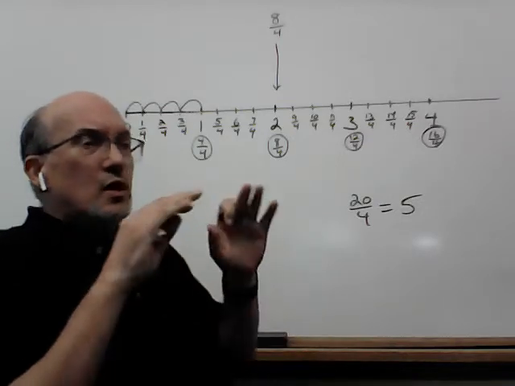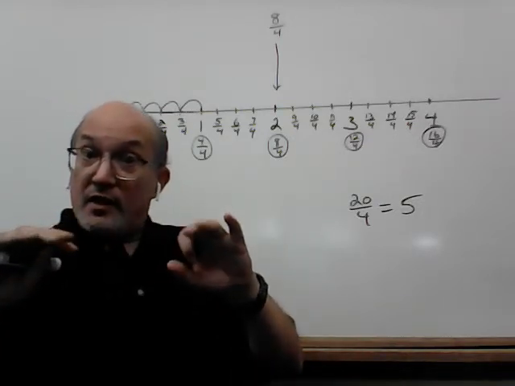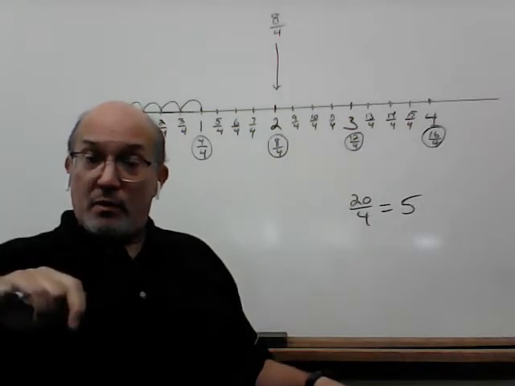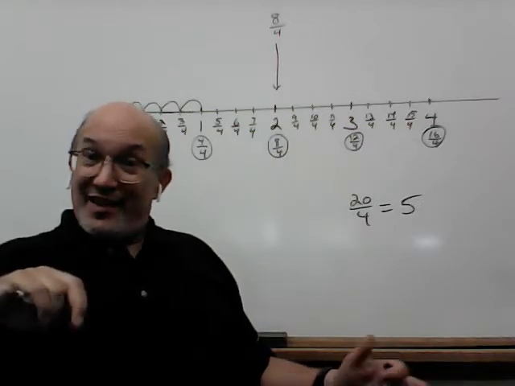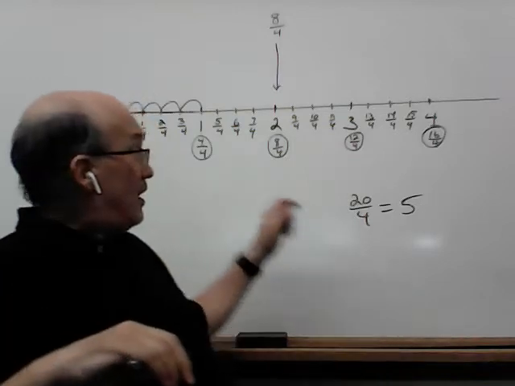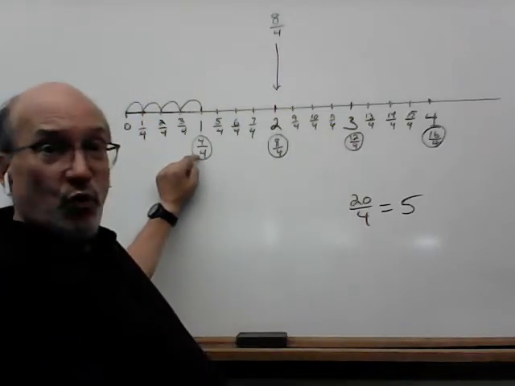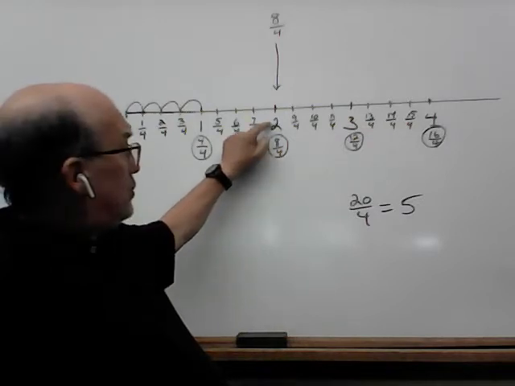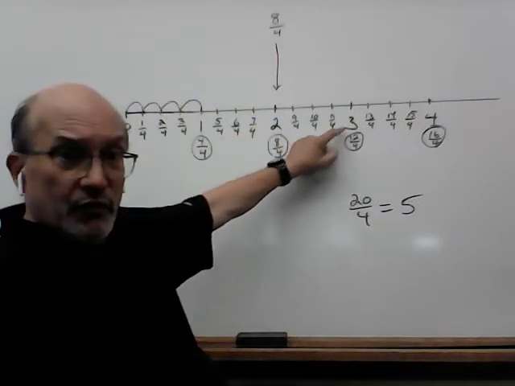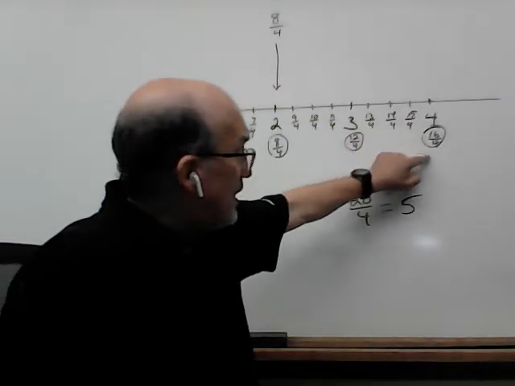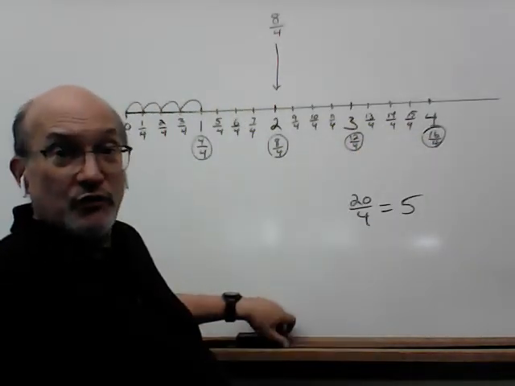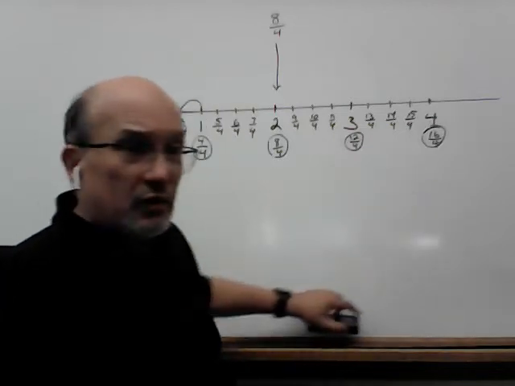Do you see that if you read the fraction as a division from top to bottom, then you'll get that whole number. 4 divided by 4 is 1. 8 divided by 4 is 2. 12 divided by 4 is 3. 16 divided by 4 is 4. 20 divided by 4 is 5. It continues like that forever.